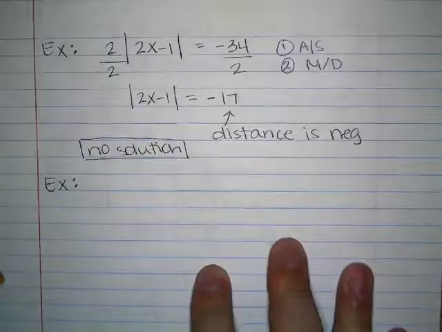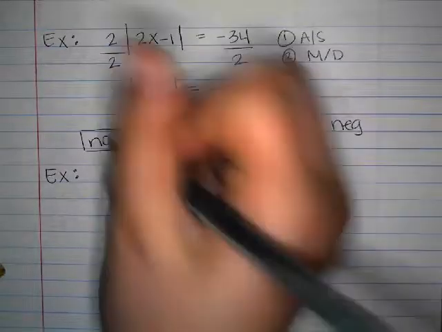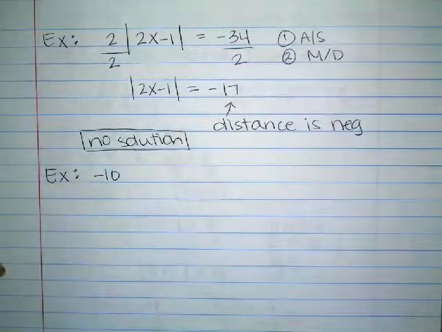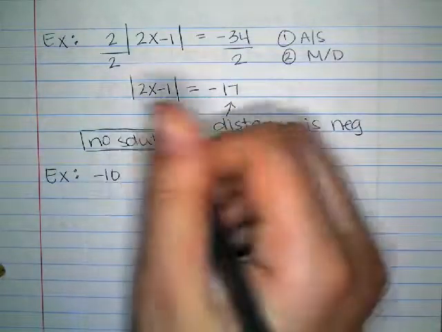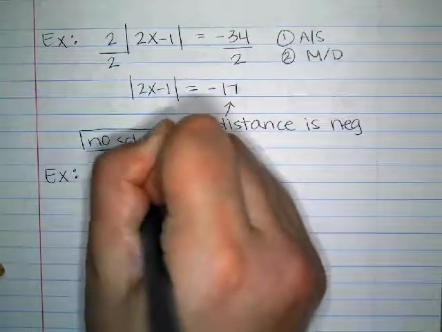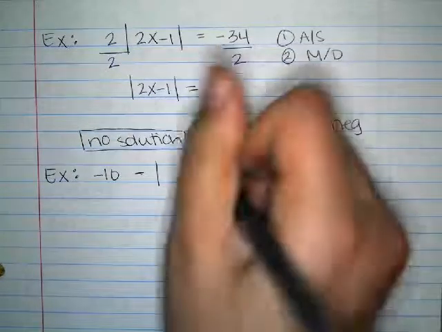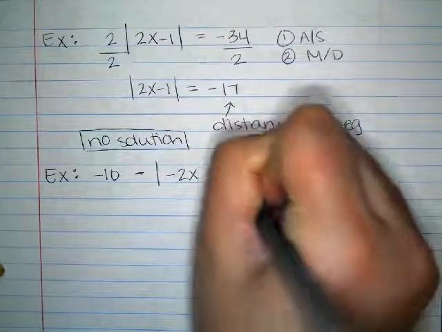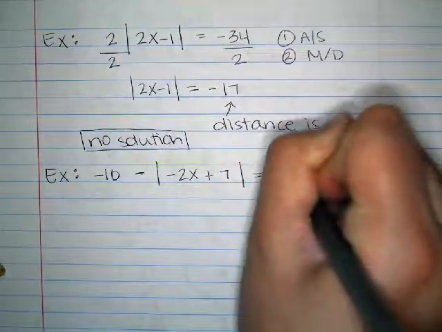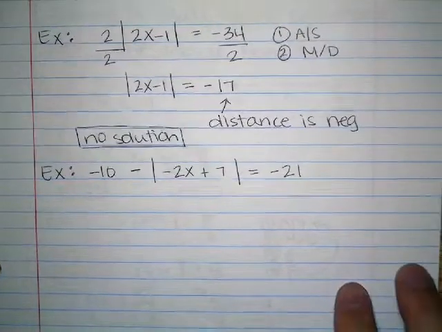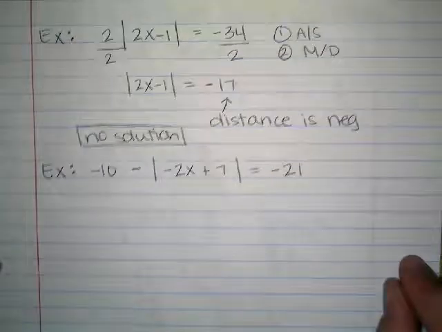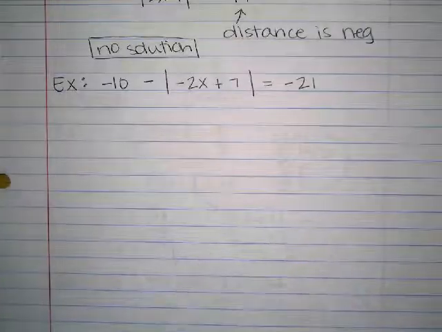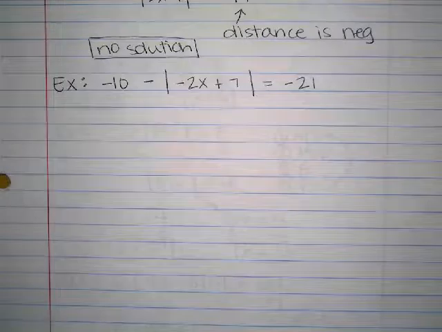Okay, for this one, I'm going to let you guys work through it, and then we're going to check each step as we go, okay? So negative 10 minus the absolute value of negative 2x plus 7 equals negative 21. This problem has a lot of negatives, and this problem is not a no solution. This problem you can actually solve, even though it has a bunch of negatives in it. We're going to do this one step at a time.